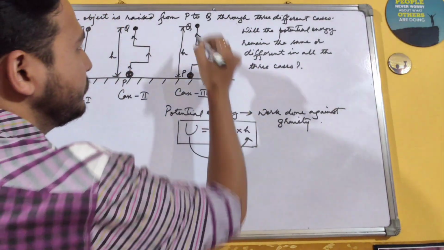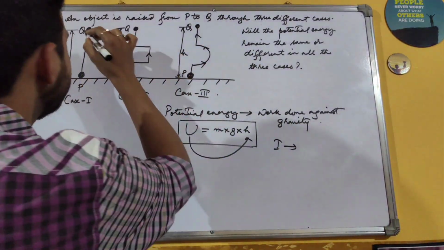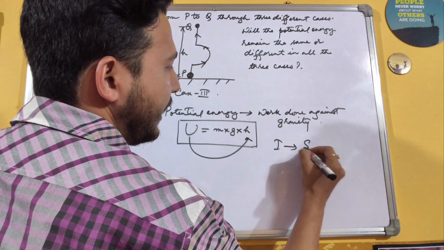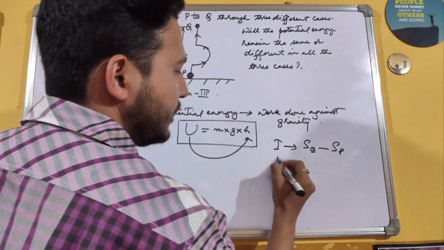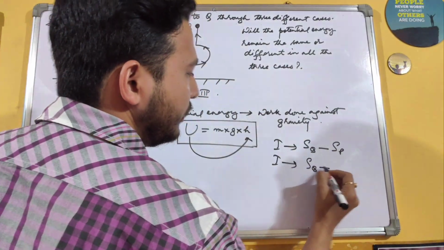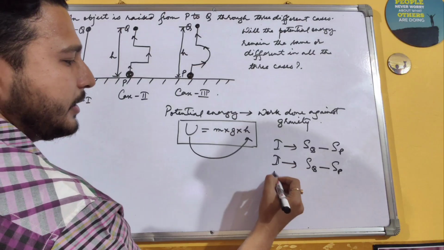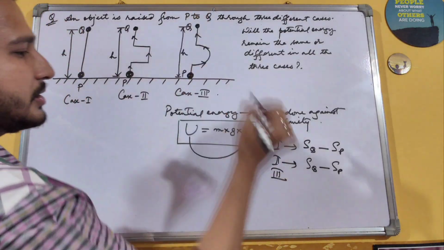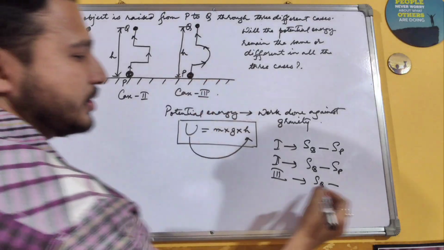So the final position is what? In case 1, I can say the final position is Q, SQ minus SP. In case 2, the final position is SQ and the initial position is SP. In case 3, the final position is SQ and the initial position is also SP.